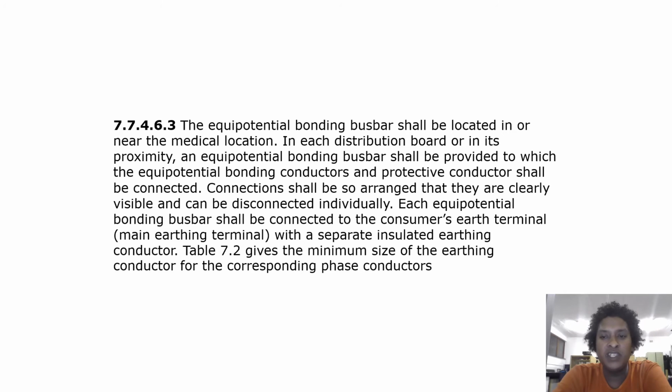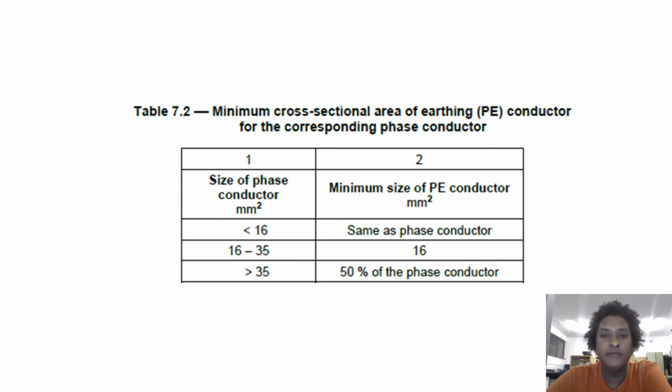Connections shall be so arranged that they are clearly visible and can be disconnected individually. Each equipotential bonding bus bar shall be connected to the consumer's earth terminal or main earthing terminal with a separate insulated earthing conductor. Table 7.2 gives the minimum size of the earthing conductor for the corresponding phase conductors.